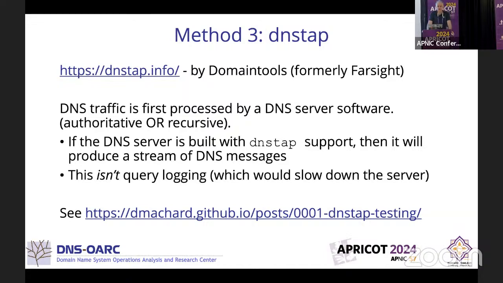And you can now build most name servers, including BIND, Unbound, NSD, PowerDNS, pretty much all of them have support for dnstap. So there's a configure-time, compile-time option, or a module you can load that includes dnstap support. When you do that, it'll make your name server dnstap capable.